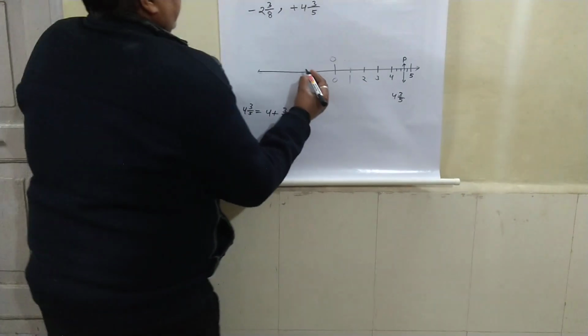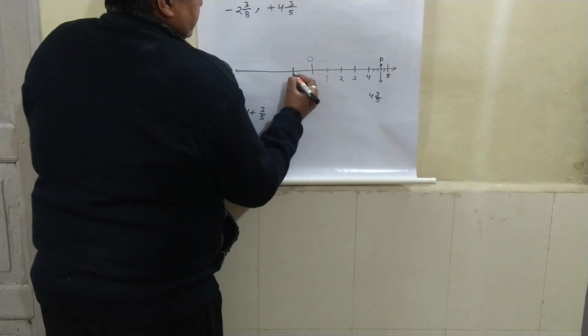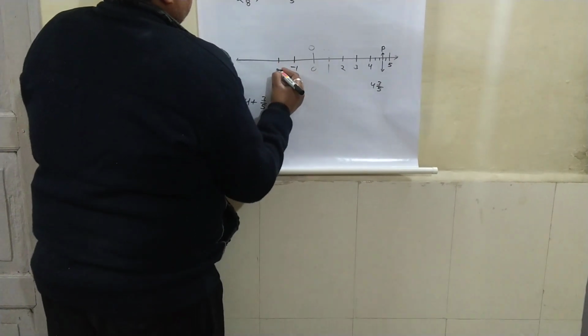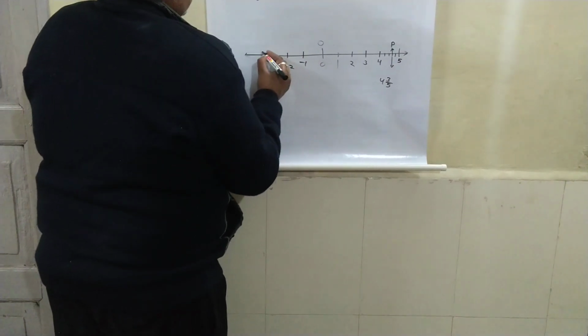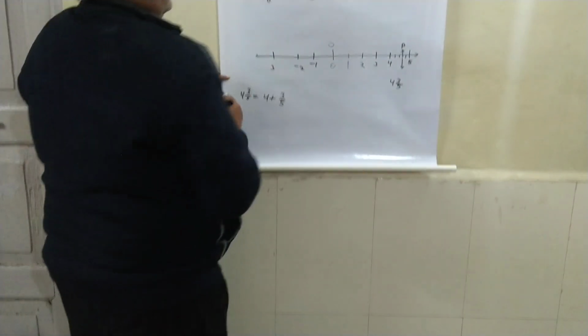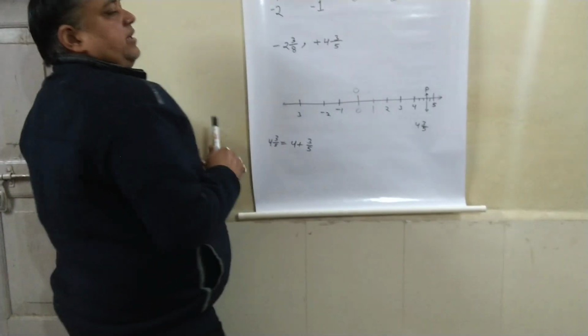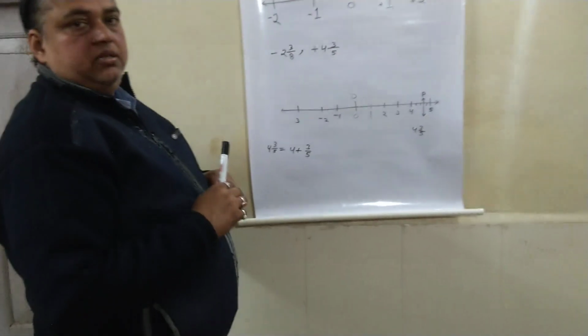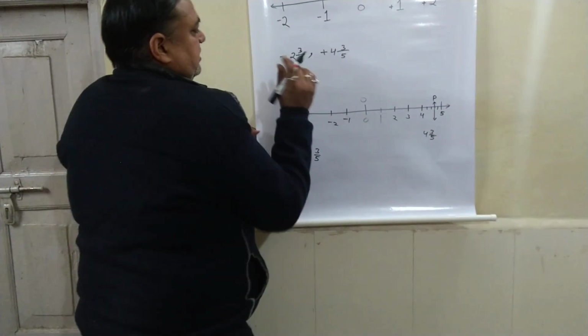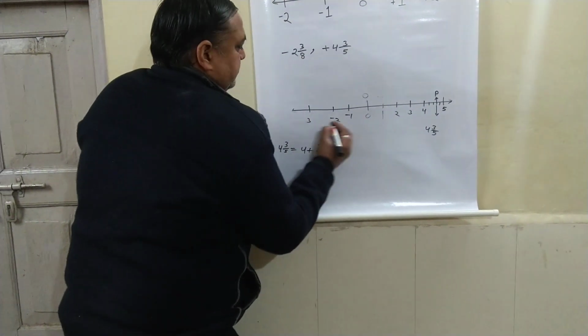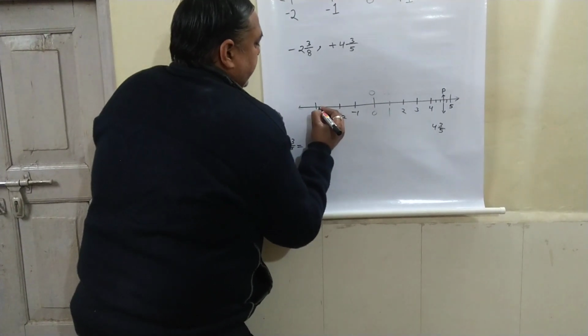Likewise, in the minus side, suppose this is minus 1, this is minus 2, and this is minus 3, and here in denominator is 8. So we have to divide this span into 8 equal parts.